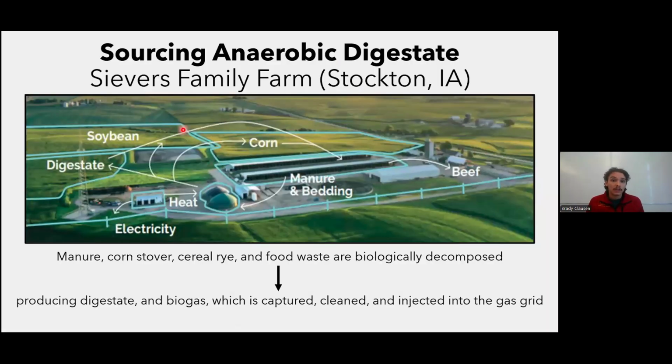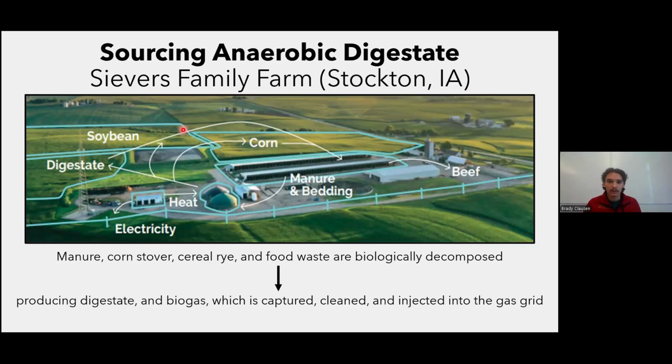The anaerobic digestate comes from a commercial farm in southeast Iowa, Seavers Family Farm in Stockton, Iowa. What you're seeing here is both the anaerobic digester and the circularity of how this system works. In the middle, where it says heat, just to the right of that, you're seeing two dome shapes, and those are the anaerobic digesters.